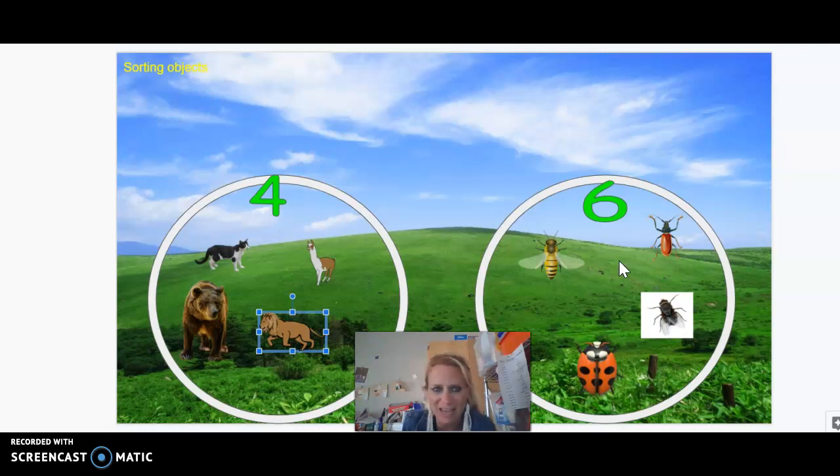Now let's look at these animals in here. Do you think there's a way that they're also similar? I can see that all these have wings also. I know that they all fly. So maybe that's something. 6 legs and they fly.